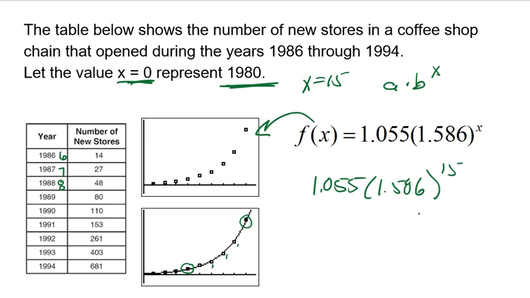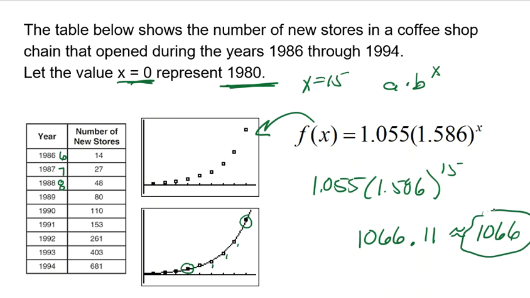And we would predict that in 1995, there's going to be 1,066. Now there's going to be some decimals on this, so please understand that you're going to typically round that to the nearest whole number because you can't have 0.11 of a restaurant. So we could say, we predict that in the year 1995, there would be about 1,066 new coffee shops opened up.